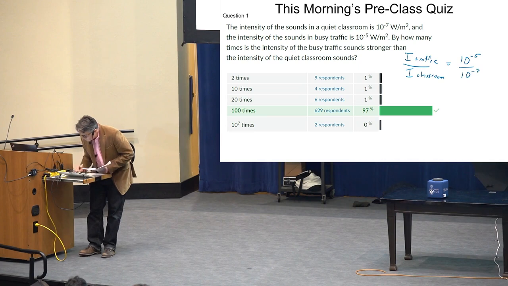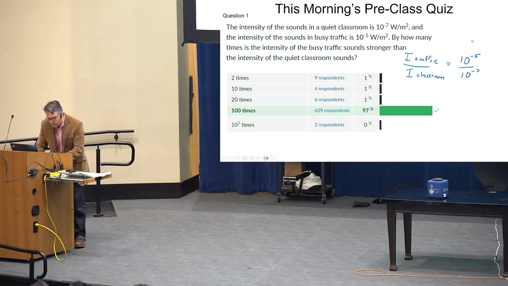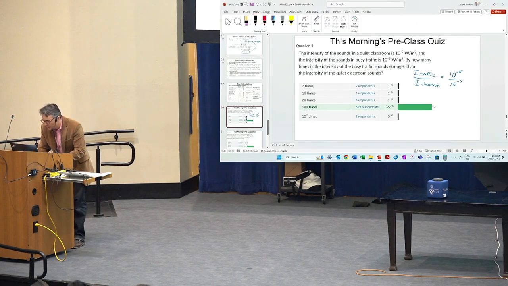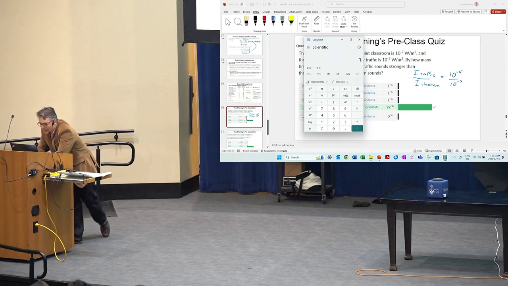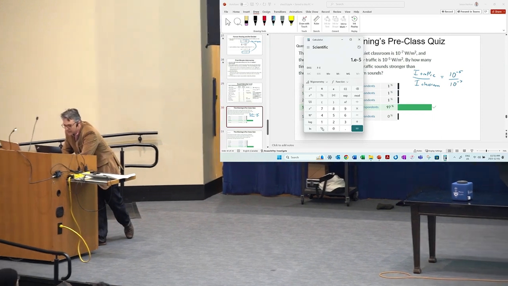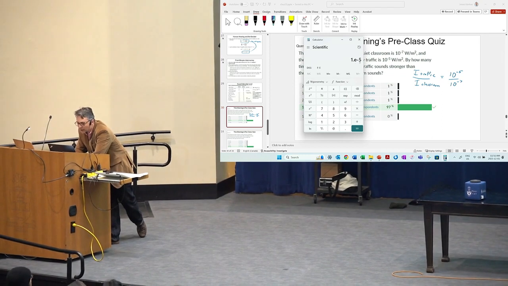So it is important that you guys know how to use your calculator when you do this sort of stuff. I press escape and pull up my calculator. On my calculator, for 10 to the minus 5, I would type 1 exp 5 negative. That means 1 times 10 to the power minus 5, right?